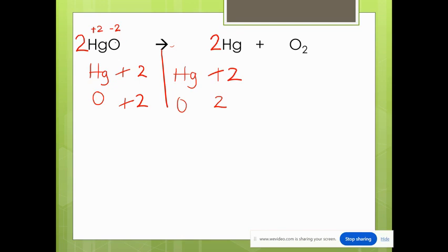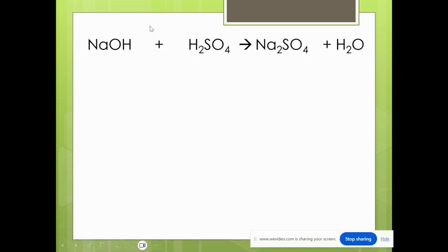So if oxygen's a -2 and these are in a 1-to-1 ratio, this has to be a +2. So because they already cancel each other out, there's no subscripts down for these. Only change the coefficient, you're not changing the subscript. Correct. Okay. So here's our next one.